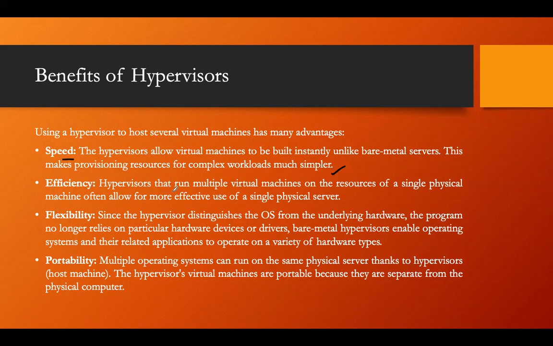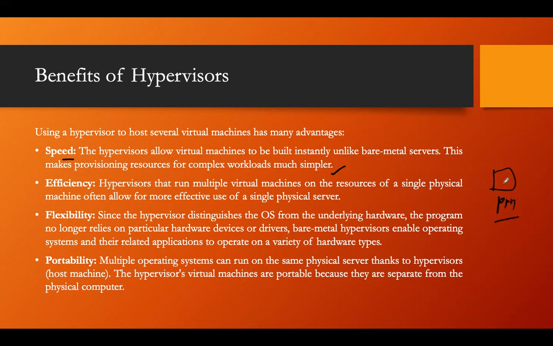Efficiency. A hypervisor that runs multiple virtual machines on the resources of a single physical machine often allows for a more effective use of a single physical server. Now here we can increase the efficiency. The underlying physical machine could be used efficiently.